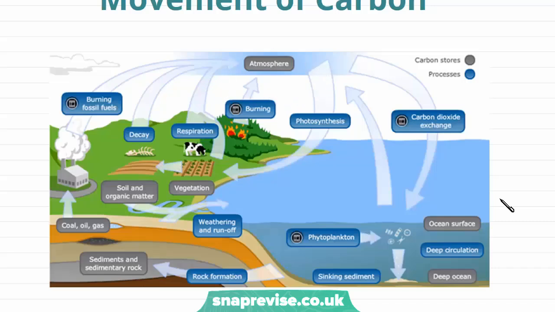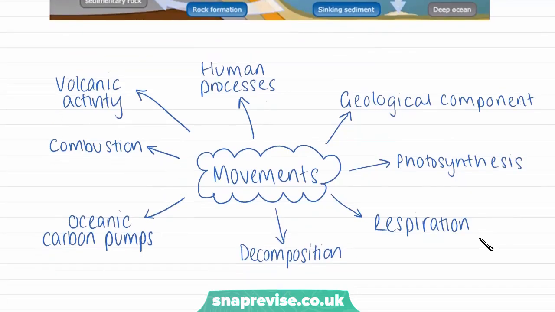So now we're going to look at how carbon has moved between these stores, starting off by giving a brief overview of the different types of movements we have. So we have movement through human processes, such as the burning of fossil fuels. We have the geological component, which includes things like volcanoes, and also the movement of rocks and the rock cycle, photosynthesis, which is to do with plants.